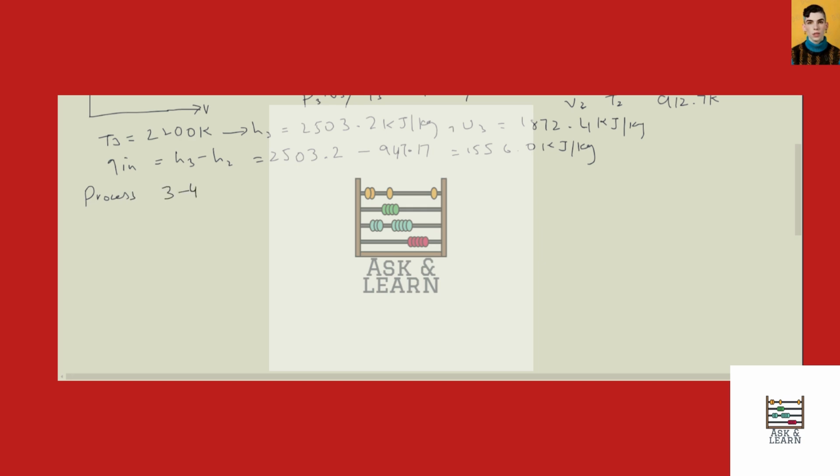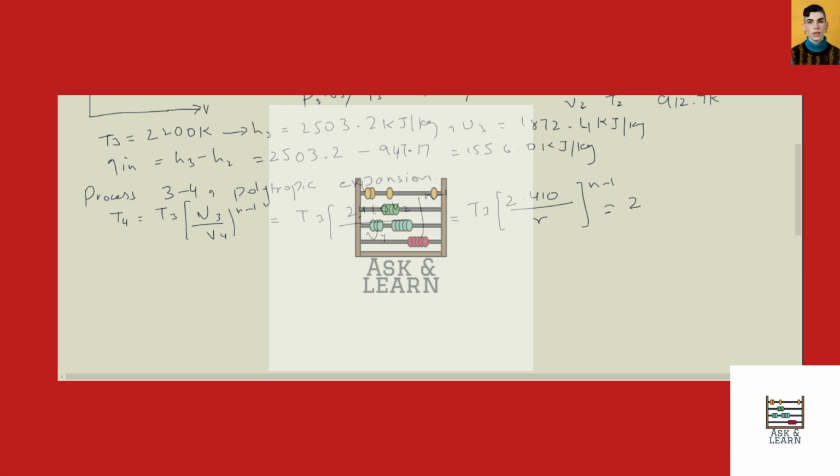During the process 3 to 4, that is polytropic expansion, T4 is equal to T3 times V3 divided by V4 to the power n minus 1, that is equal to T3 times 2.410 V2 over V4 to the power n minus 1, that is equal to T3 times 2.410 divided by r to the power n minus 1.